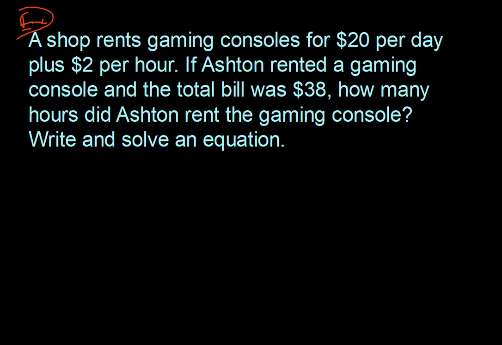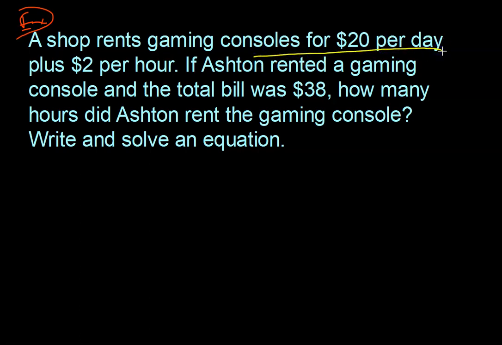All right, a shop rents gaming consoles for $20 per day, plus $2 per hour. If Ashton rented a gaming console and the total bill was $38, how many hours did Ashton rent the gaming console? Write an equation and solve. Now let's look at the facts of this. The gaming console rents for $20 a day.